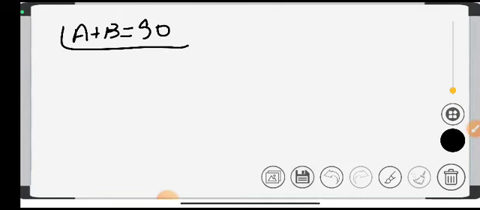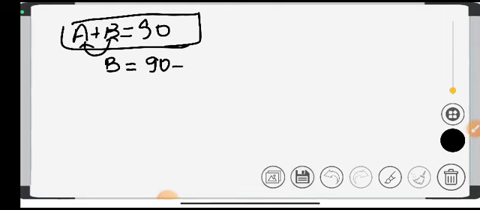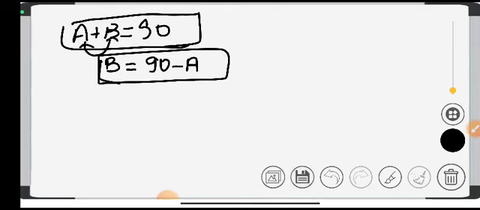So let's learn it. If I write A plus B is equal to 90 degrees, that is, the sum of two angles is 90 degrees, let's take any one of those angles. Let B be 90 minus A. Applying sine on both sides, I write sin B is equal to sin(90 minus A).